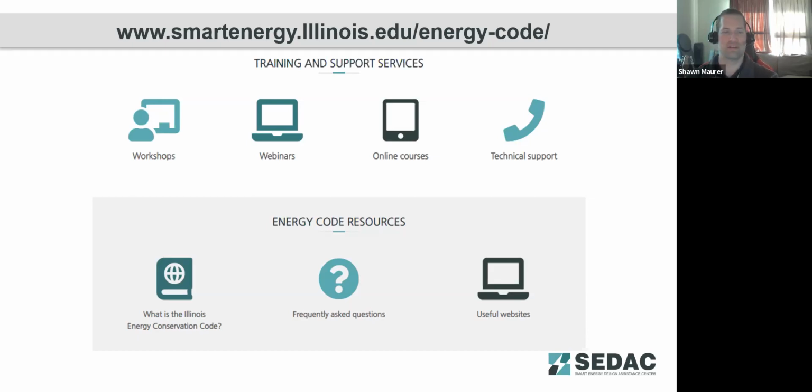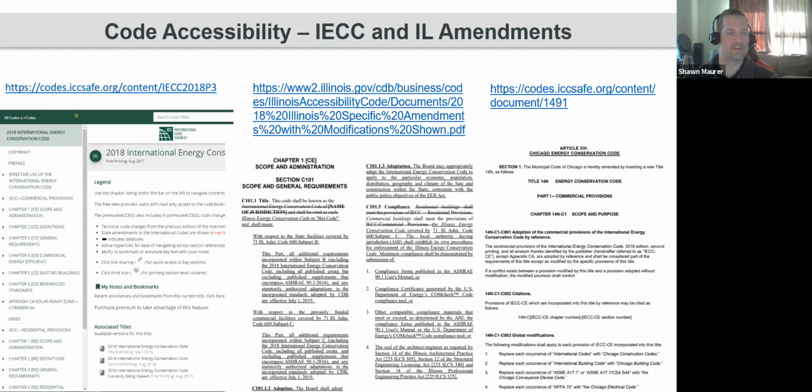You can enter those, take your time, work your way through them as you are able. And then we also have direct links to the Illinois Energy Code, the Chicago amendments, and the IECC at those Energy Code resource links. So you can see here, direct access to those links, so you don't have to hunt them down yourself, are available on our resources page at our website.